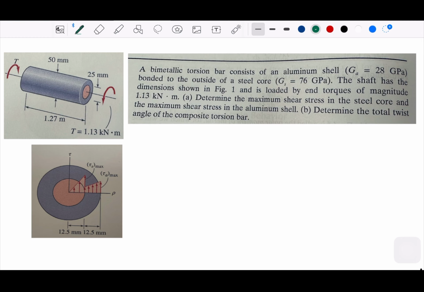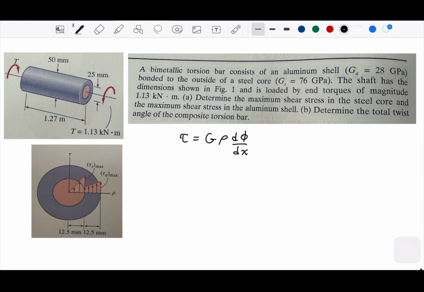Now we can directly write. First, we can write that this shear stress is G rho and then d theta dx, like that, right? So both steel and aluminum have the same structure of formula for the stress.